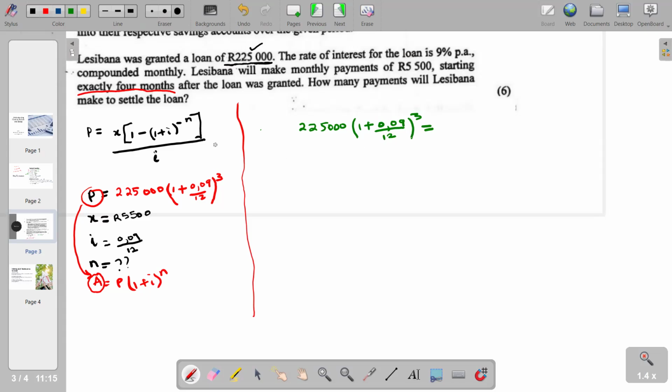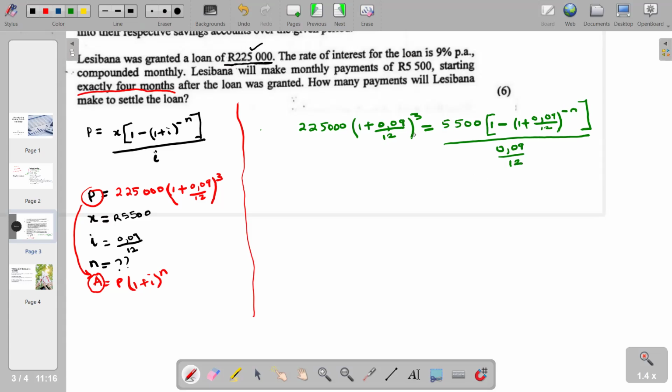That must be equal to X, which is 5,500, times 1 minus, then we have 1 plus the rate 0.09 over 12, to the power negative n, all over I, where our I is 0.09 over 12.